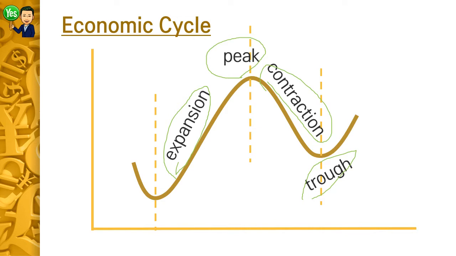If I explain in more detail, number one, during the expansion phase, the economy experiences relatively rapid growth, interest rates tend to be low like today, production increases and inflation pressure builds.